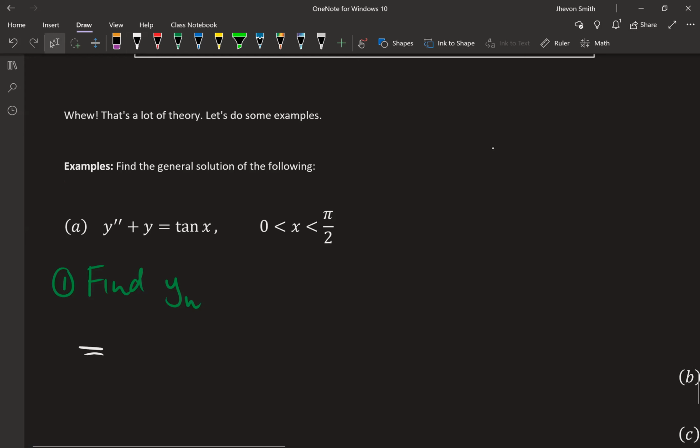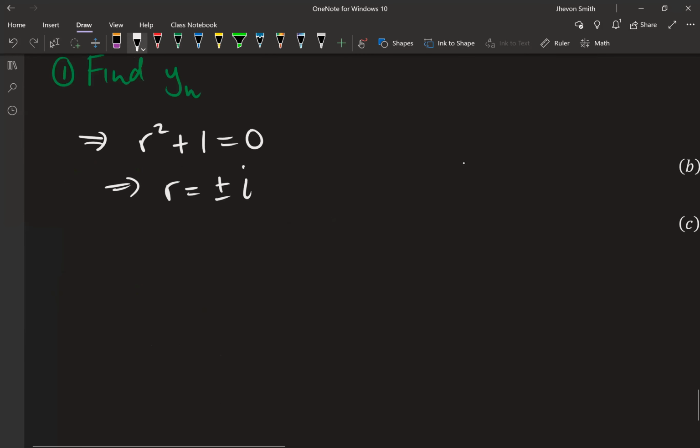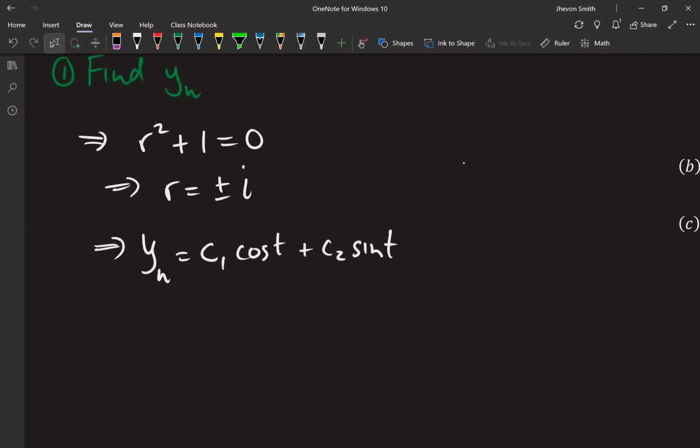So this of course leads us to a characteristic equation, r squared plus 1 equals 0, which means that my r is going to be plus or minus i, which means that my YH is going to be, hopefully you guys are mouthing along with this, C1 cosine t plus C2 sine t. Okay? So that's it. That's my homogeneous solution.